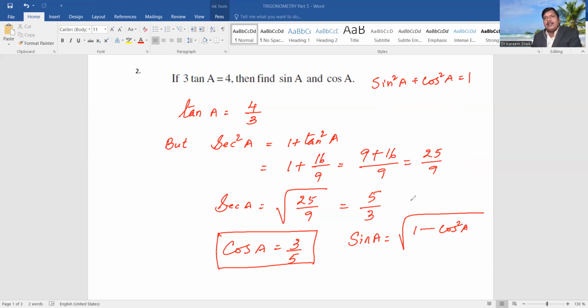So by applying that identity, sin A equals square root of 1 minus cos square A. That is square root of 1 minus (3 upon 5) whole square. The square of 3 is 9 upon the square of 5, which is 25. That is square root of (25 minus 9) which is 16 upon 25, equals 4 upon 5. This is the value of sin A.